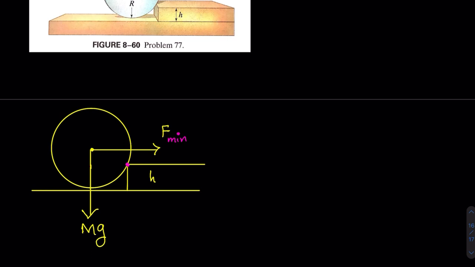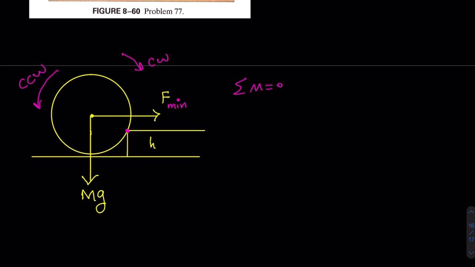So this external force that we are supposed to act on the wheel makes a clockwise turning effect, and mg makes a counterclockwise turning effect. So we will use the second condition of equilibrium: the sum of moments of forces, or let's say torque, or you can say turning effect, with respect to this point must be equal to 0. That will lead us to find a minimum value for F.